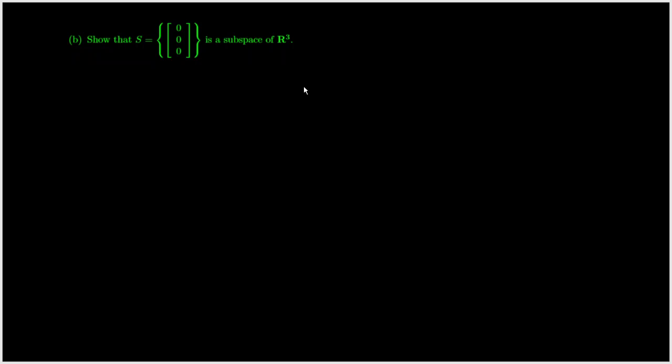So you just have the zero vector plus the zero vector, which is again the zero vector. That means S is closed under vector addition. By that we mean no matter how you add two vectors in S, the sum is also a vector in S. So condition 1 is satisfied.